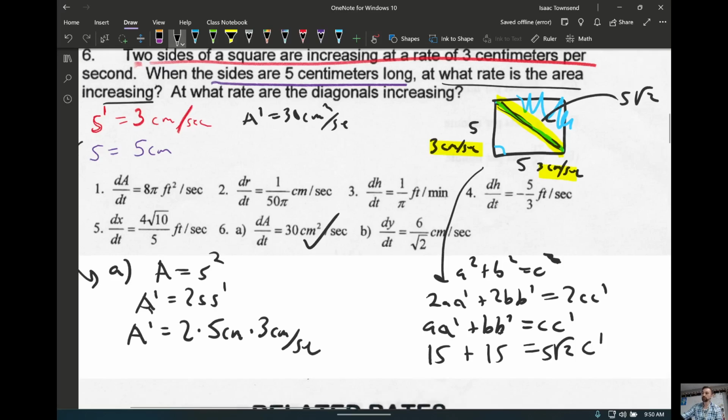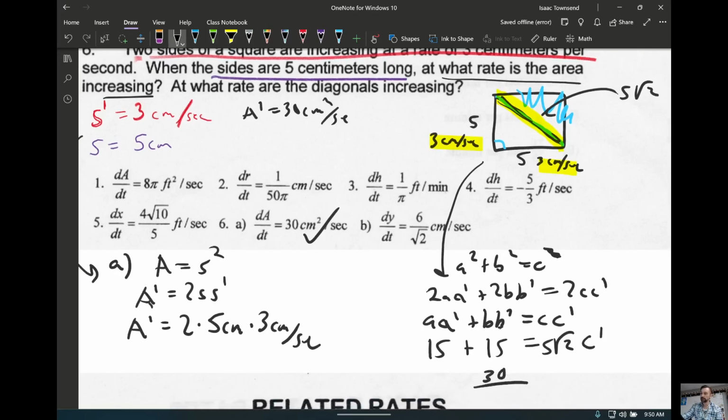And so the answer should come from 30 divided by 5 divided by square root of 2, which is 6 over the square root of 2. Oh, I don't need a decimal. 6 square root of 2 is what they got. Yeah, so your assumption was that this side was not changing as well. Because it's a square, if one side's changing at 3 centimeters per second, all sides have to be changing at 3 centimeters per second. Otherwise, it's not going to be a square anymore.